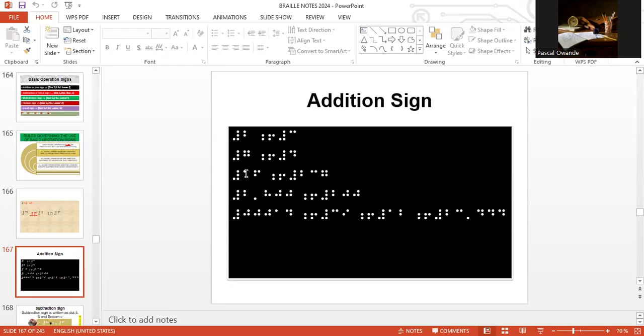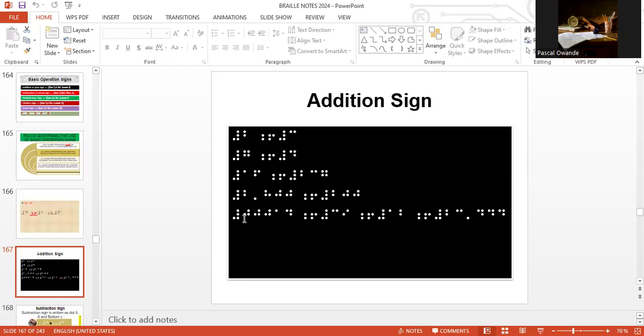Number 3, we have the third one here, we have 216 plus 237. And the fourth one, we have 2800 plus 200.